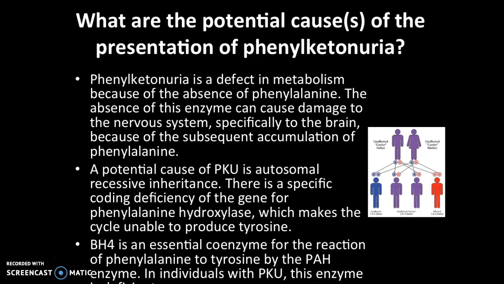BH4 is an essential cofactor for the reaction of phenylalanine to tyrosine by the PAH enzyme. In individuals with PKU, this enzyme is deficient. So this is the platform of this disease and the pathology of this disease.